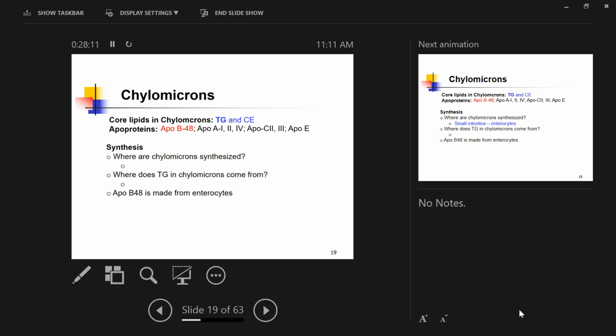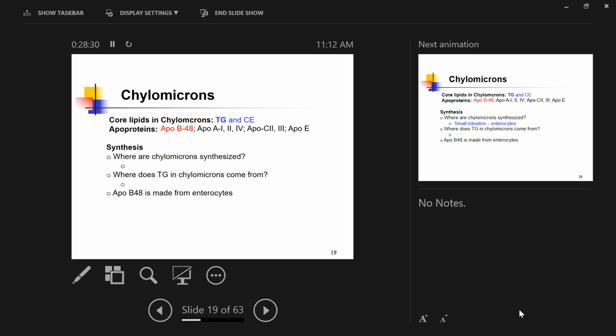And also ApoE, and ApoE is very important for what? For LDL receptor binding, right.